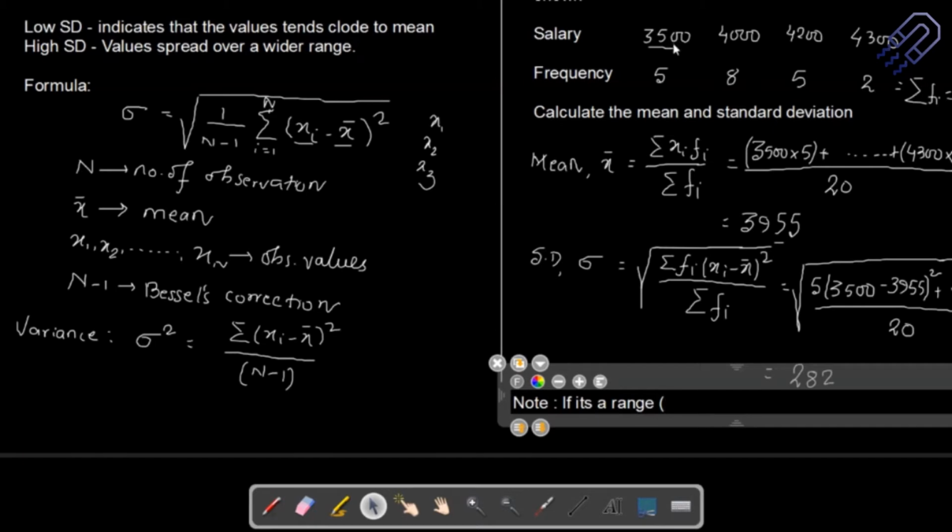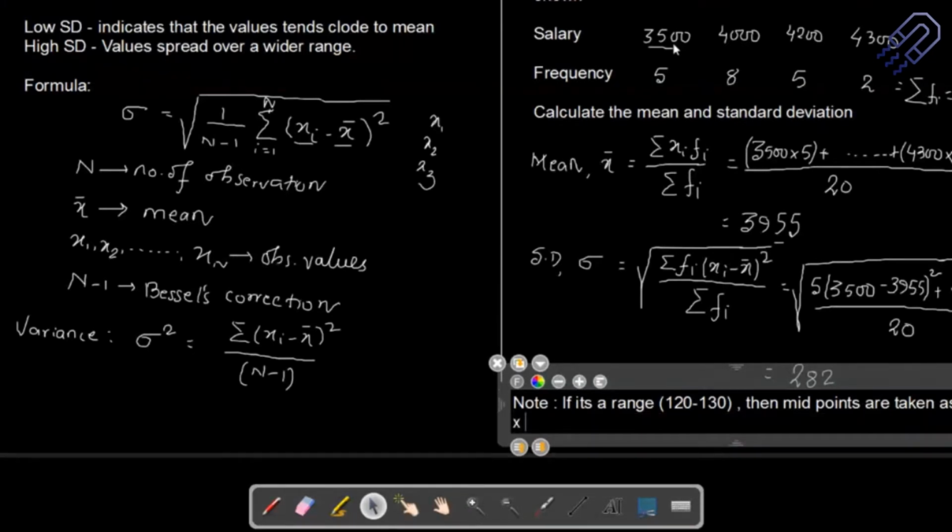Then you just take the mid value, right? So if it is a range, like suppose, let's say 120 to 130, then the midpoints are taken as xi.